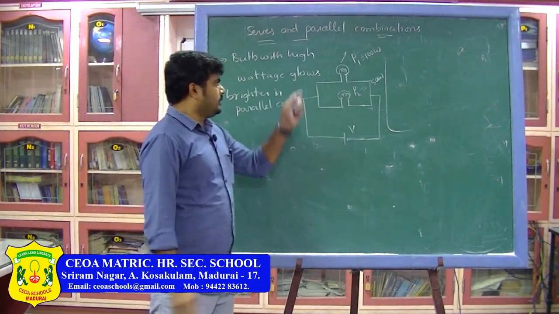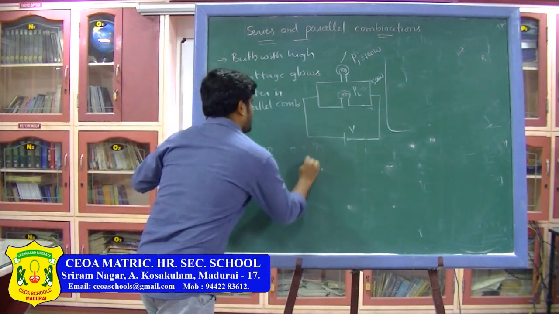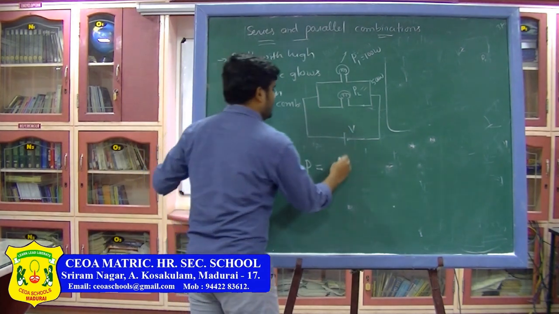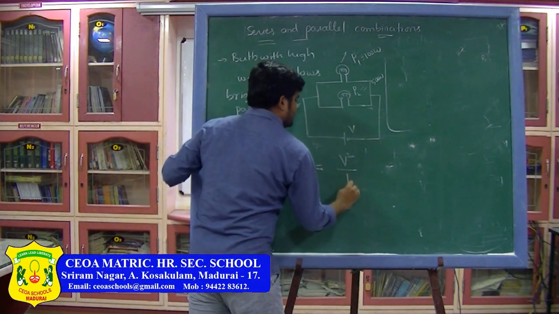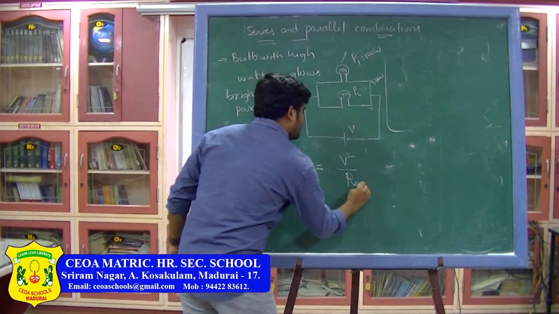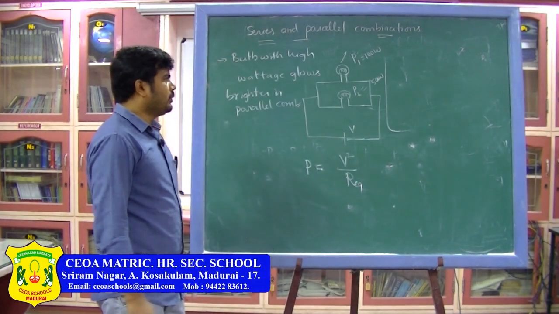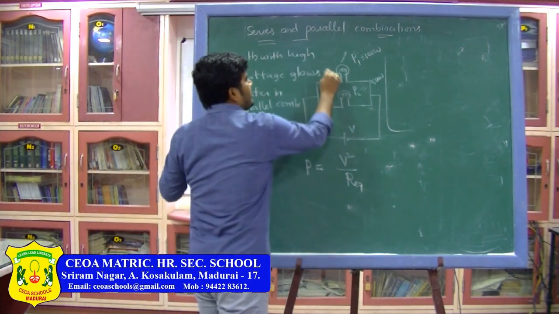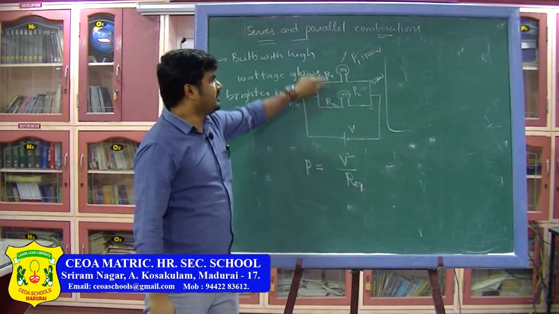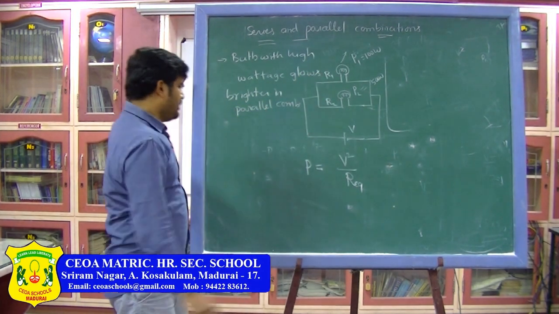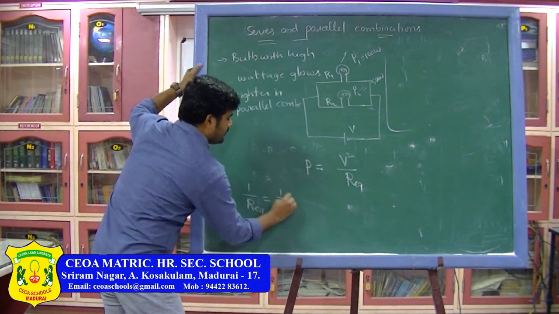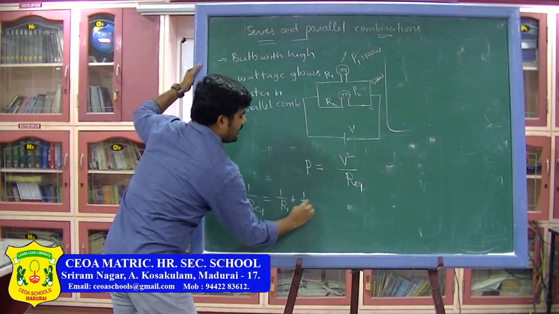Now say P is the total power in the parallel combination of two bulbs. The total power is given by V square divided by R, where R is the equivalent resistance. We know the resistance of the first bulb is R1 and of the second bulb is R2. So you can take it as a parallel combination of two resistors, where the relation is 1 by R equivalent is equal to 1 by R1 plus 1 by R2.